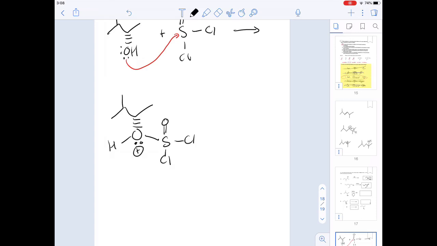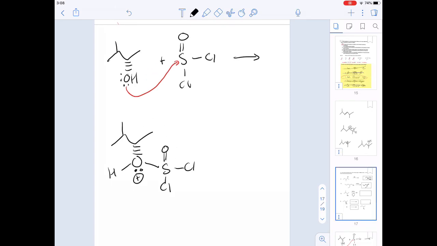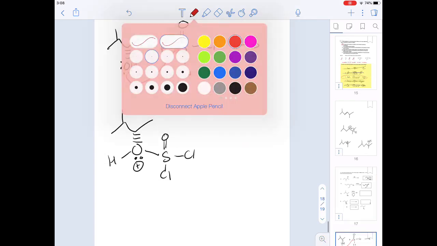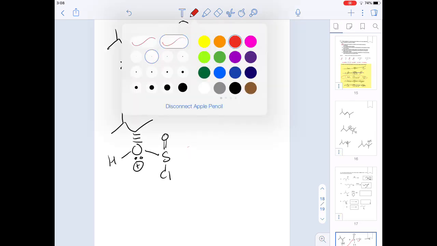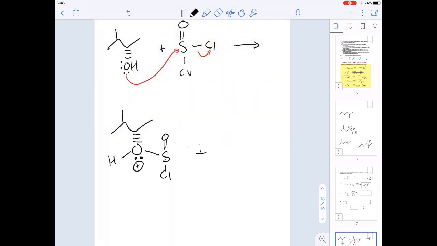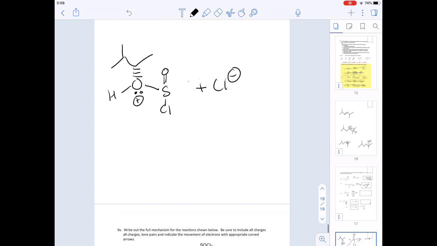Okay. So that is our first step. Oh, wait, it also kicks off a Cl. So I'm going to go ahead and erase one. So that's the first step of the SOCl2 mechanism.